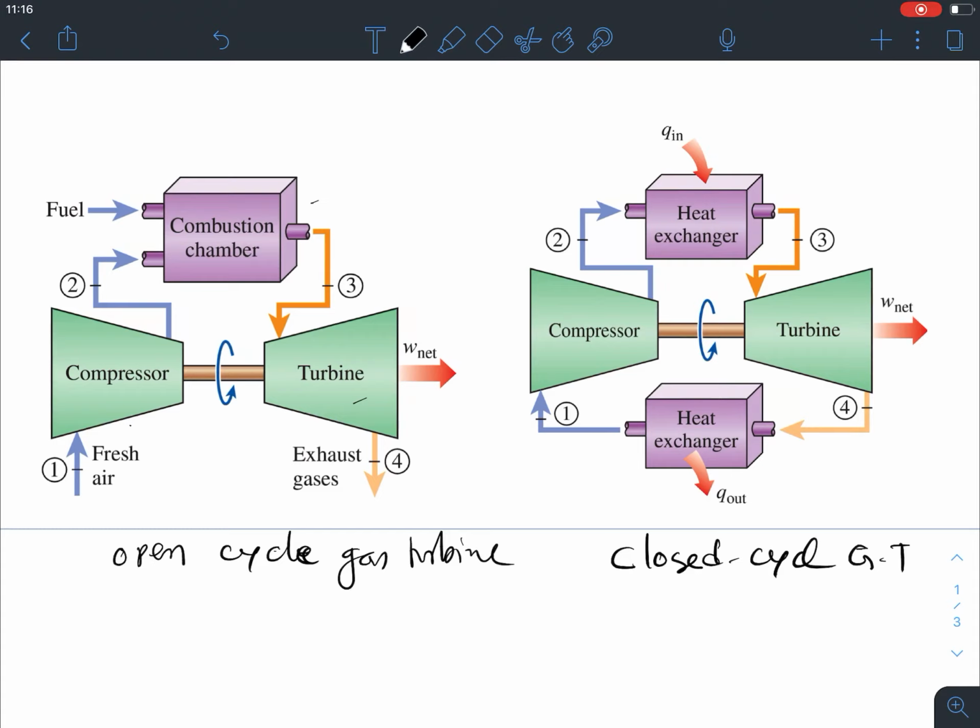For example, we start at 1 with the compressor, then it goes to a heat exchanger where Q in comes as the input, and then it circulates through another heat exchanger where Q out rejects the heat. Once it cools down, the cycle continues. This is mostly for ideal cases; in real cases, we see the open cycle a lot of times. This ideal case is known as the ideal Brayton cycle.